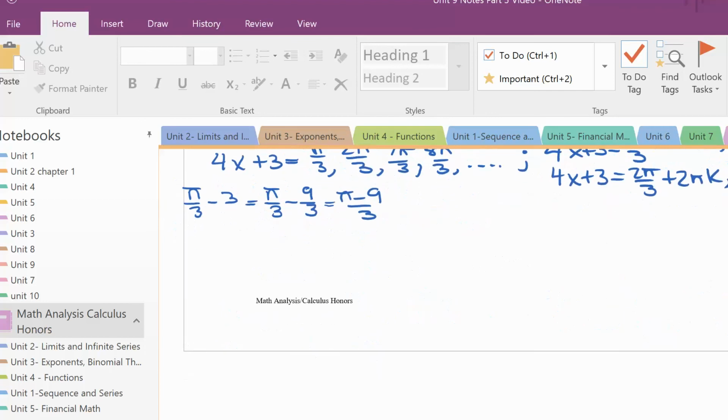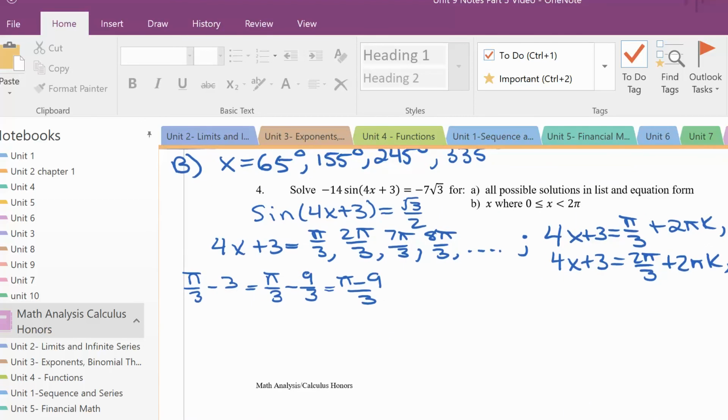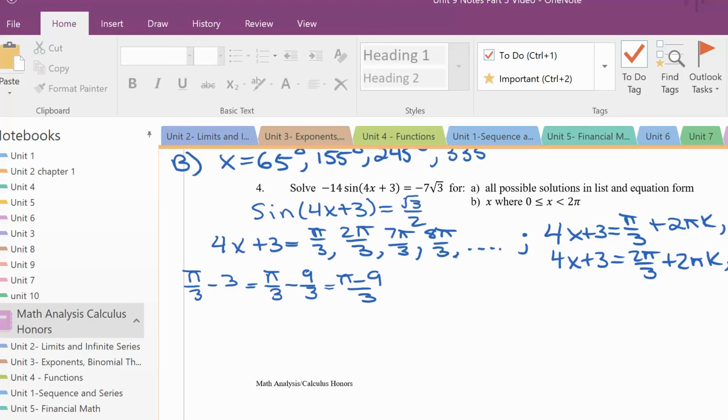So when I make my list, basically you're just going to be subtracting 9 and have it over 3. So 4x is equal to pi minus 9 over 3. And then 2 pi minus 9 over 3. 7 pi minus 9 over 3. And 8 pi minus 9 over 3, and so on.